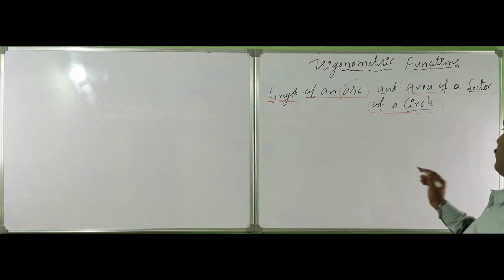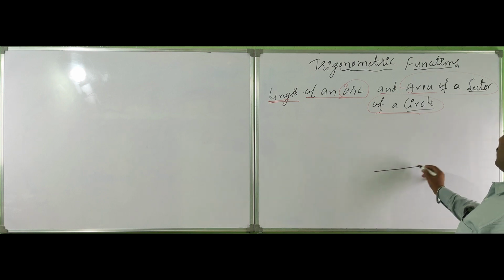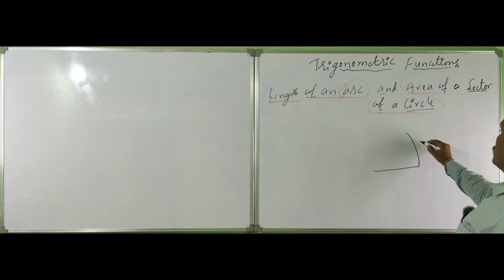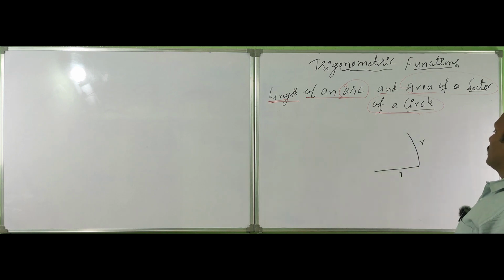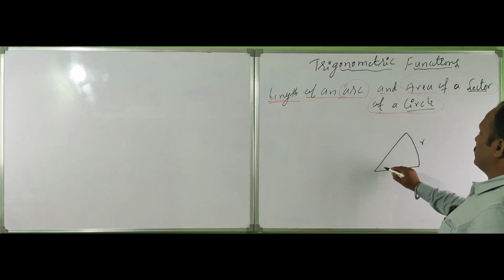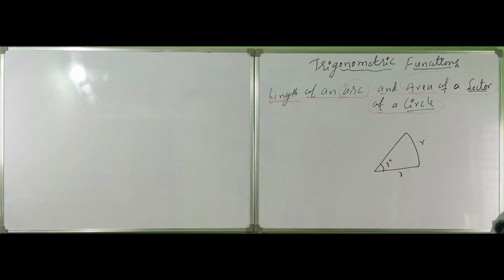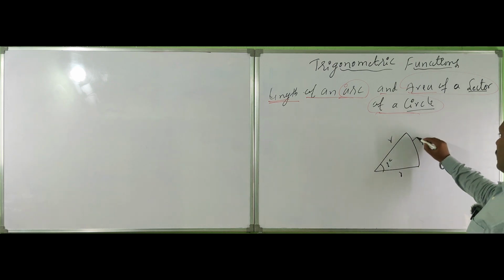Yesterday you already learned what radian measure is: the angle subtended by an arc whose length is equal to the radius of the circle. This is called 1 radian. The definition of 1 radian means the length of the arc and the radius should be equal.